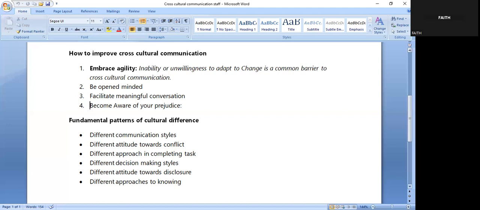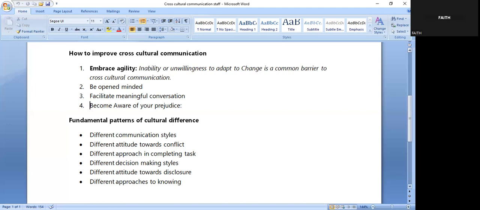But the most important thing is that you understand people's approach to completing or handling a task. If you understand people's approach, it will help you to communicate with them effectively. So it's very, very important that you recognize this difference.